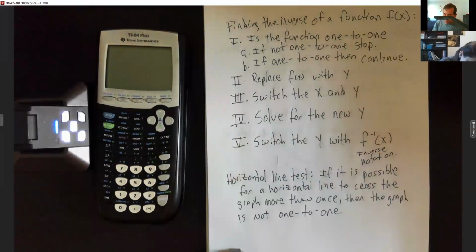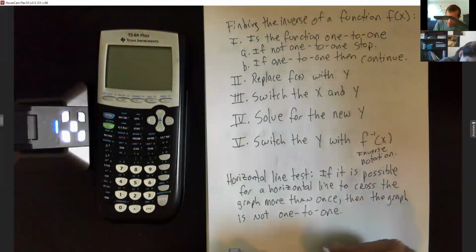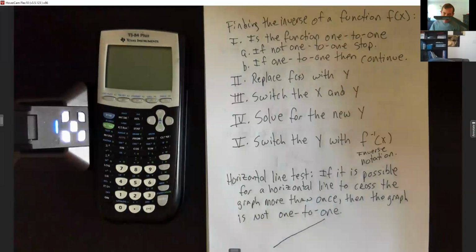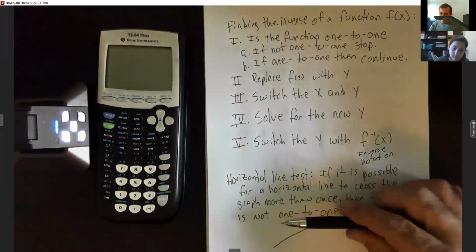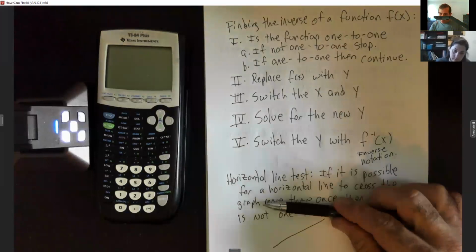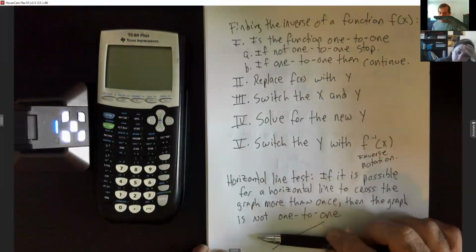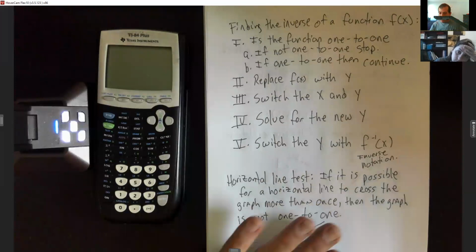Okay, so say I had a line going uphill left to right. If I was to run my horizontal line down this graph, notice everywhere on here it's only intersected my pencil one time. Okay, so 1-to-1 intersects it once.